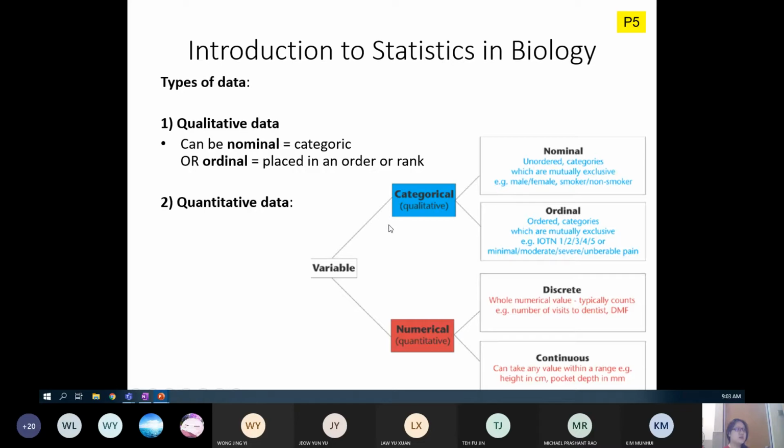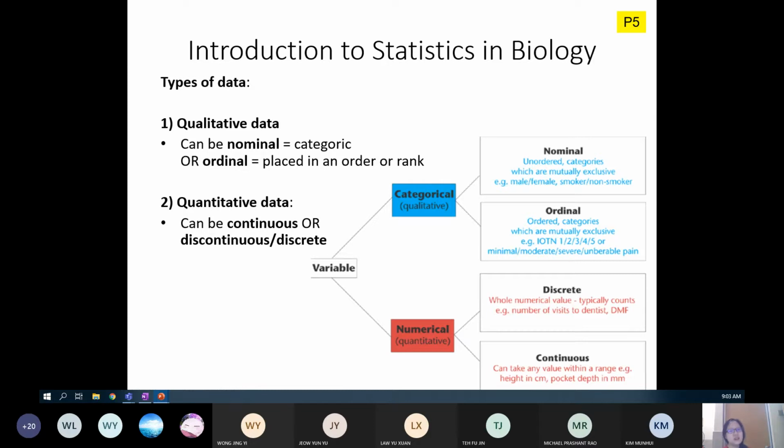Quantitative, which is the second type of data, is to do with numbers. It could be continuous, or it could be discontinuous, or what we call discrete. Now, continuous means it can take any value within a range, i.e., you can have 0.001. For example, height in cm: you can have someone that is 150 cm. I'm 150 cm. I'm very short.